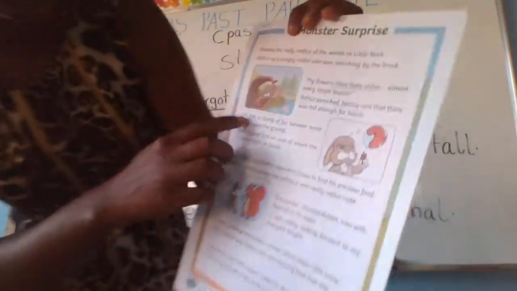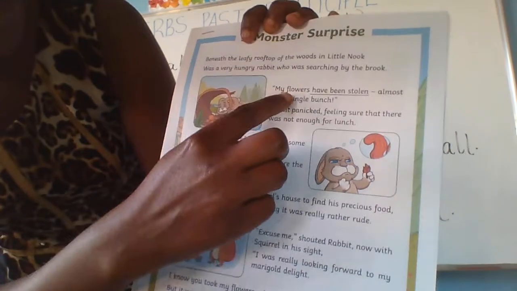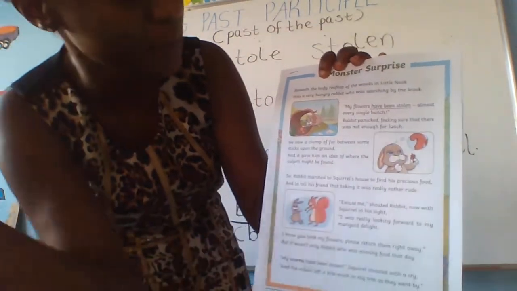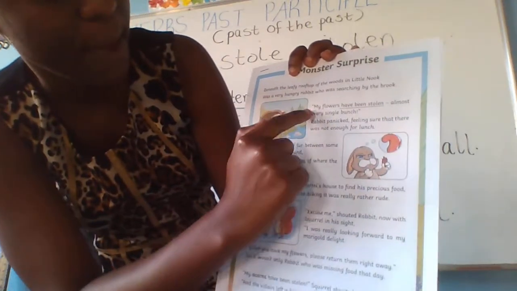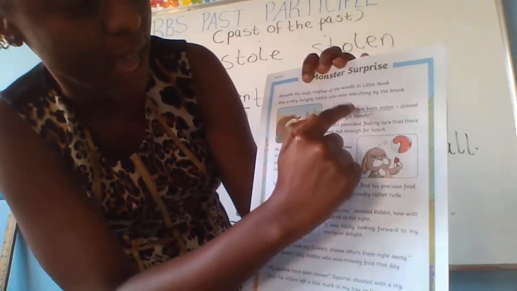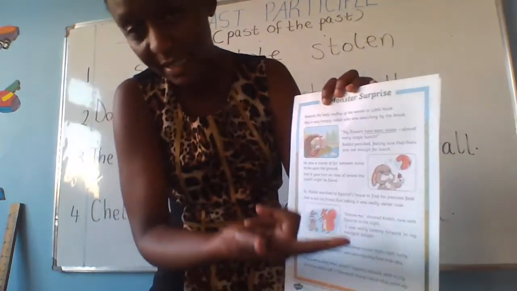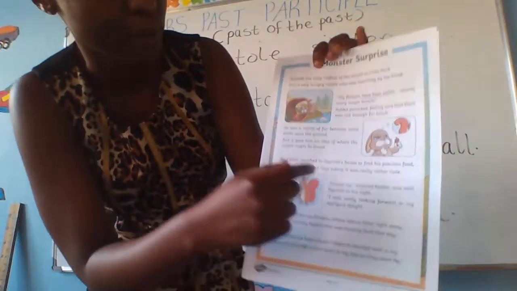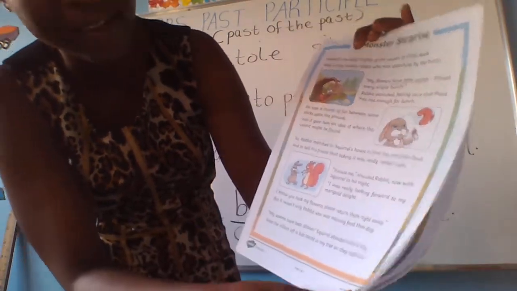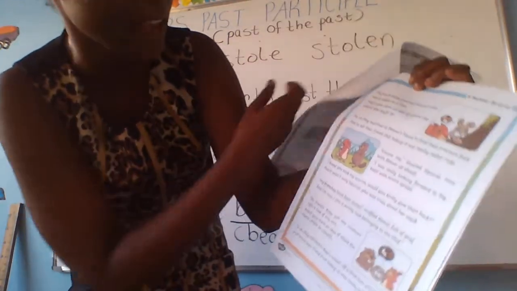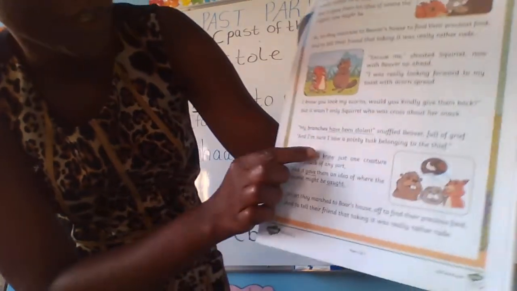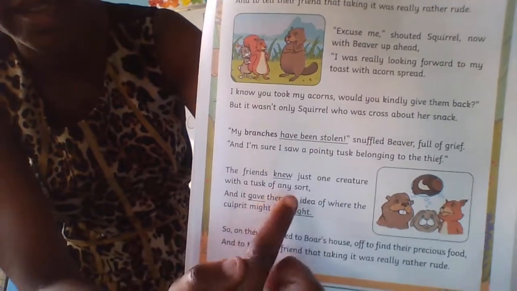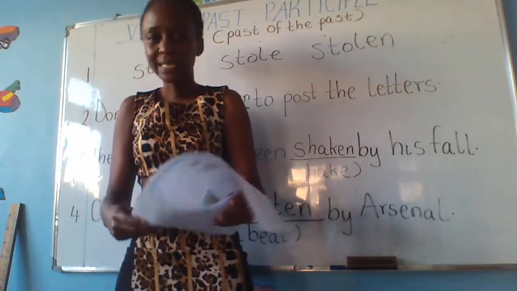For example, here I had to underline my past participle because I spotted it while reading: my flowers have been stolen. Have been stolen. This verb stolen is in past participle. Also I came across other verbs in past tense, like knew, caught, gave. Then I drew a line to underline. So you can do more practice.